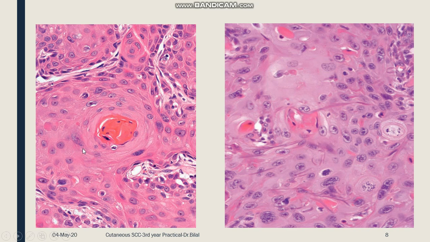This area is showing keratin pearl formation. On this second picture you can see more clearly the eosinophilic cytoplasm. Again, there are polygonal cells. They have eosinophilic cytoplasm, and this cell shows a prominent nucleus. Here you see a mitotic figure as well.